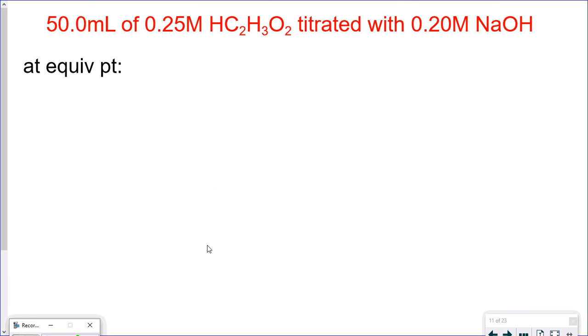Looking at the next part of the question, we're going to be looking for the pH at the equivalence point. And we had said at the equivalence point, all of the weak acid is going to be neutralized and only conjugate base is going to remain. So then we're going to have to do a base hydrolysis reaction using the Kb to find the pH.